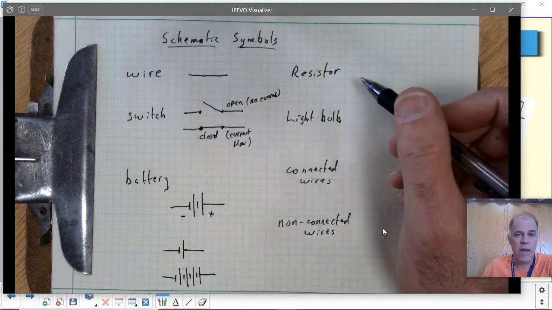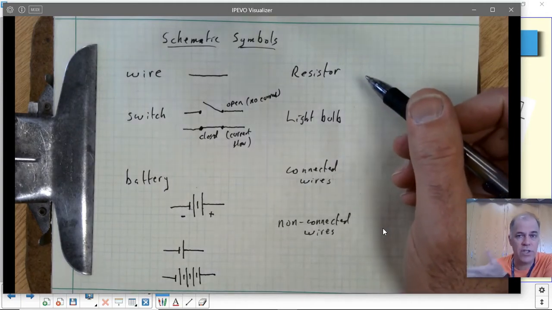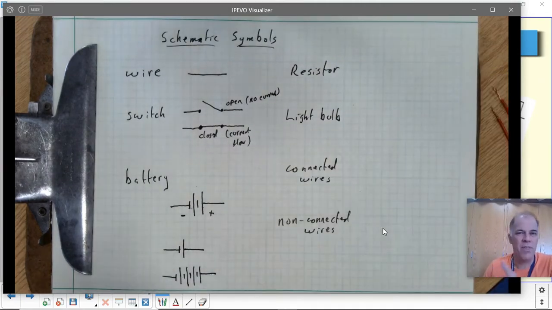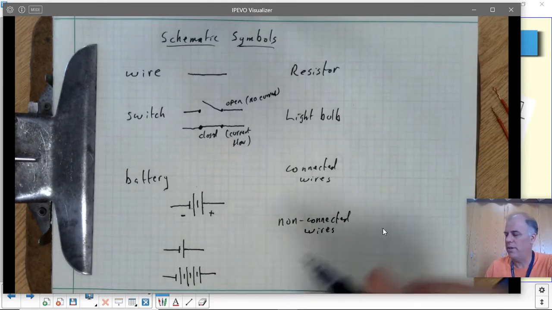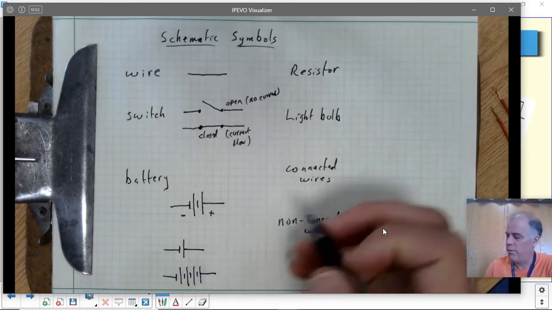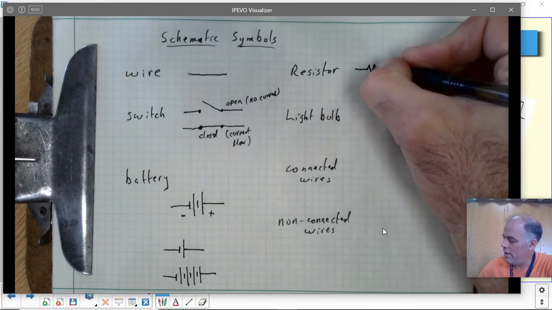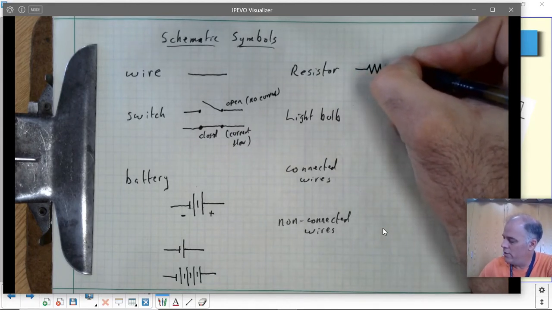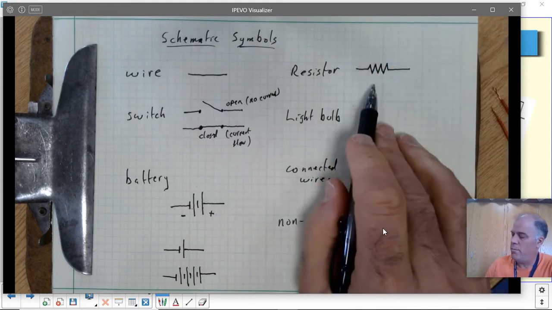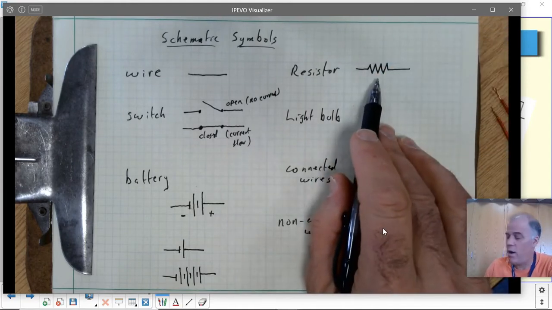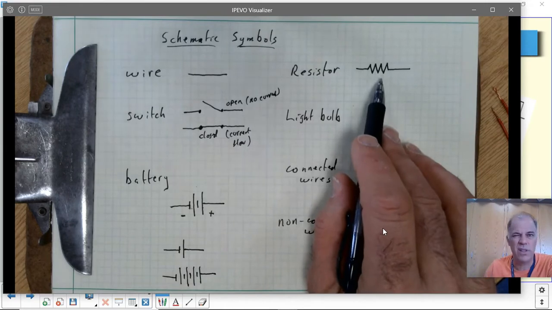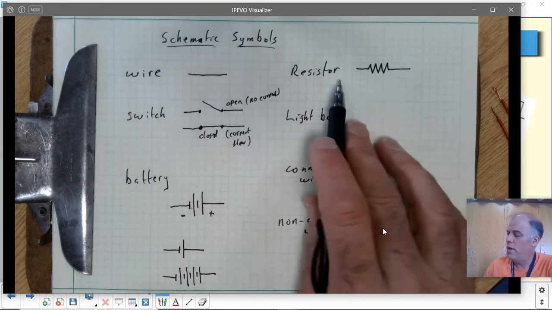Next, we have a resistor. Now, a resistor is a device that resists the flow of electricity, something other than a copper wire, something that electricity will have trouble getting through. And the symbol for a resistor looks kind of like a lightning bolt. It's a zigzag line like this. It doesn't matter how many ups and downs there are, you have to have at least two or three so it's clear that it's a resistor.